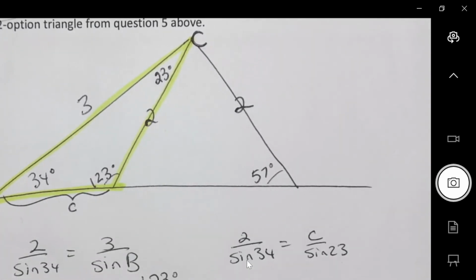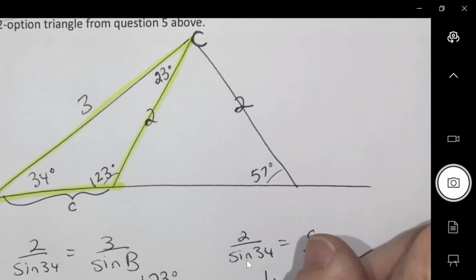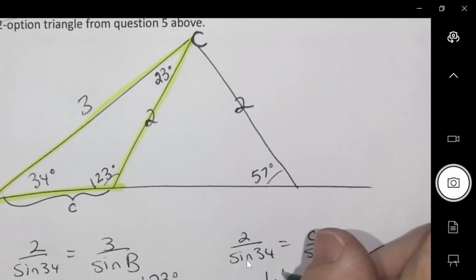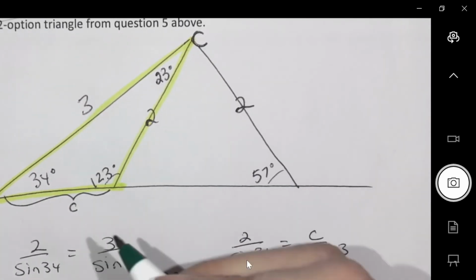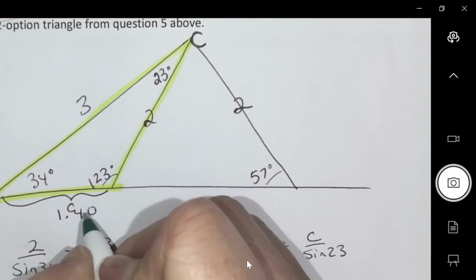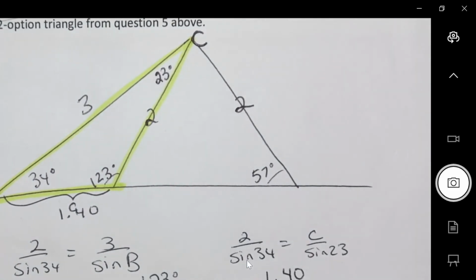Okay, so I need a times and a divide. So that was 1.40. There was no inverse, right? Because it's not an angle. That's not what you're doing.